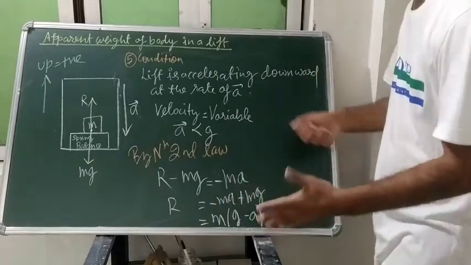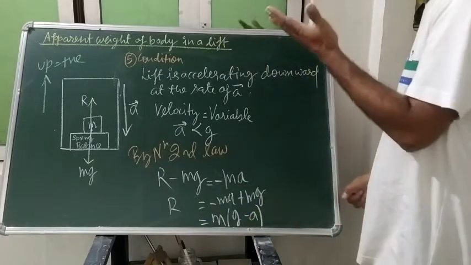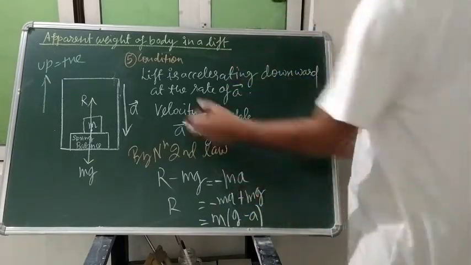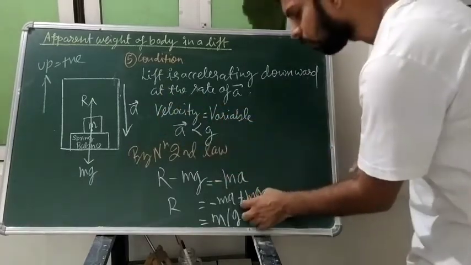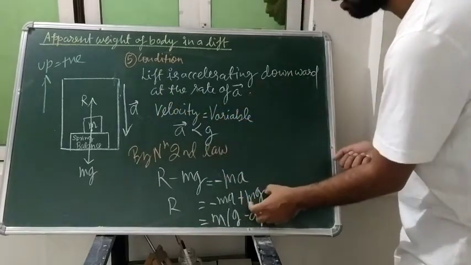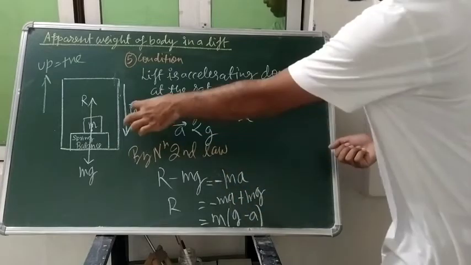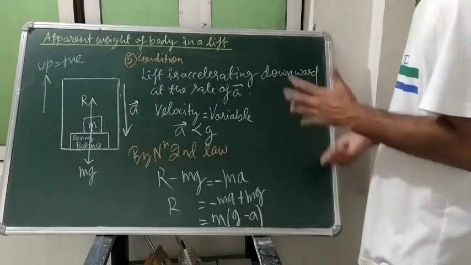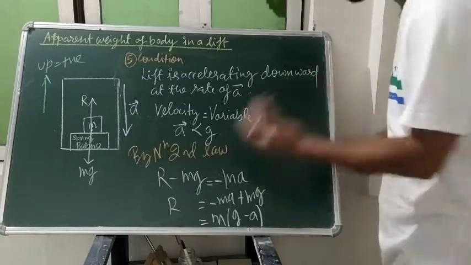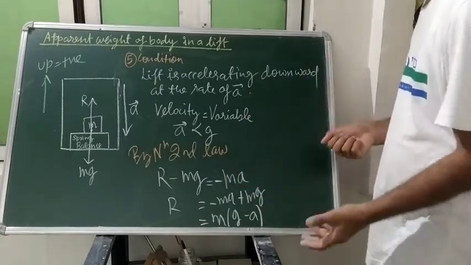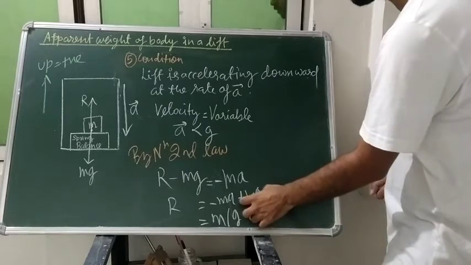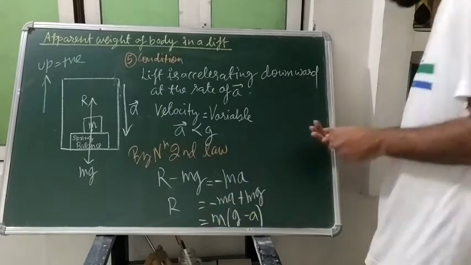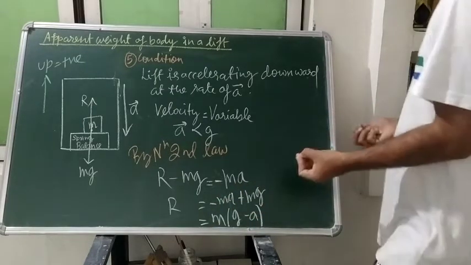In the earlier case, when it was moving upward with acceleration a, we were adding ma to the weight of that block, m times g plus a. So we had said that the apparent weight will be more than the actual weight. But here, from the weight we are subtracting ma. So in this case what will come, student?